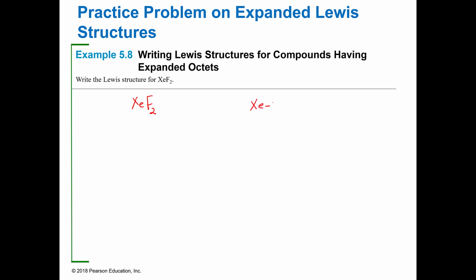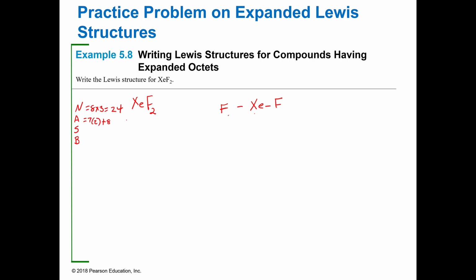Our structure will look something like that. That's our skeleton. And then I'm going to do an NASB for it. So 8 times 3 is 24. Available, I have 7 times 2 because both fluorines, and then plus 8.